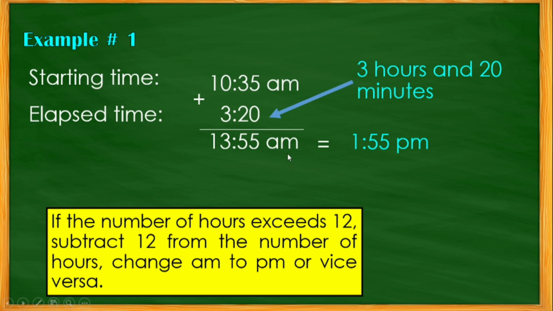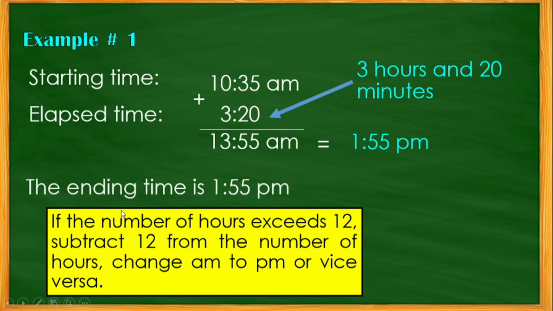Like for this example, this one exceeds 12, so we're going to change this one to PM. So the value now is 1:55 p.m. So the ending time is 1:55 p.m.